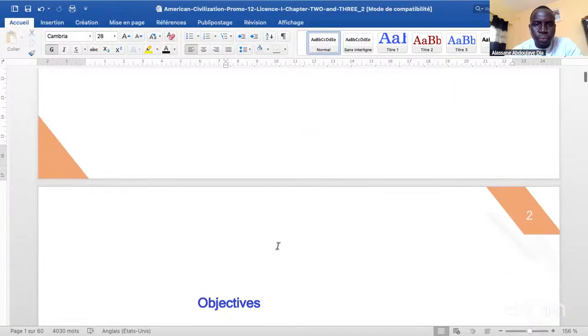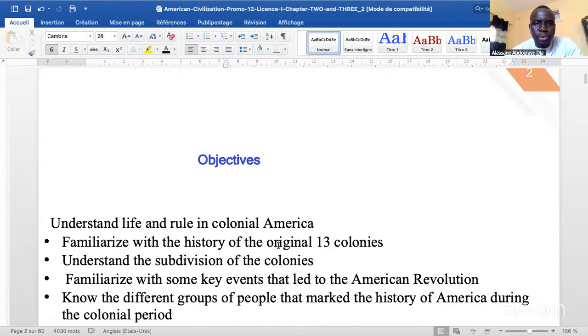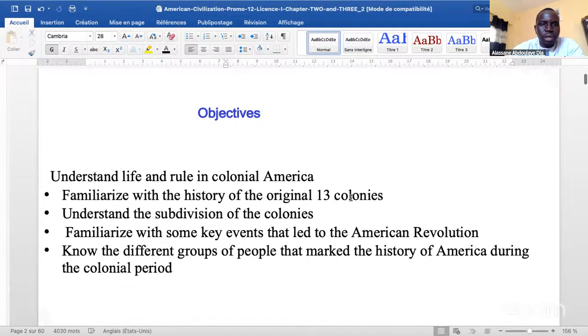Now I'm done with Chapter 1 and moving to Chapter 2. Chapter 2 has some objectives. One is to help you understand life and rule in colonial America. Second, it helps you familiarize yourself with the history of the original 13 colonies, which would later become the 13 states of America.